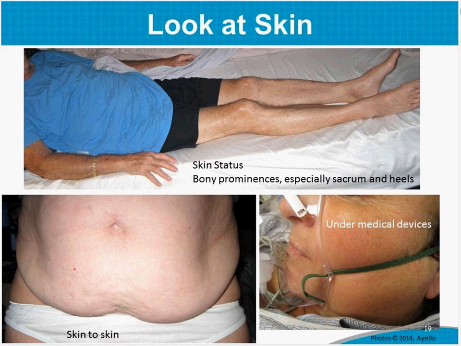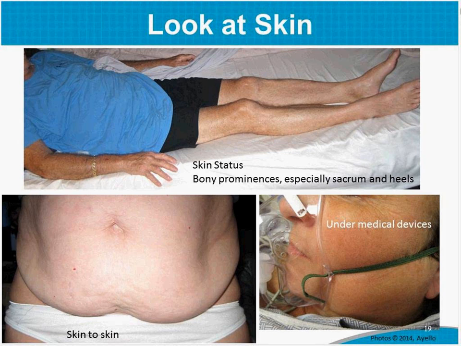Take a look at our bariatric patients and wherever skin to skin is in contact. And there are interventions that you can do to prevent that contact. There are products that you can actually lay in between skin layers that have been found to reduce ulcers.